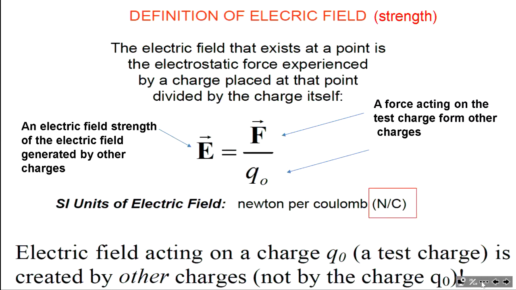And if we know these two values, the force acting on a test charge and the actual value of this test charge, this ratio by definition is called electric field at the location of this charge. That's it. That's a definition.